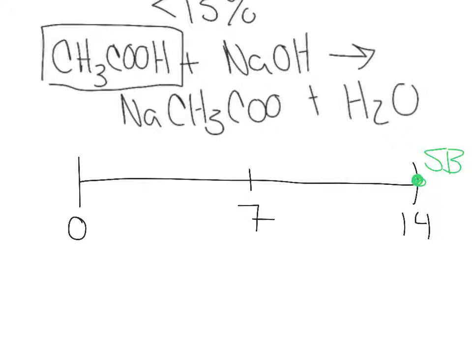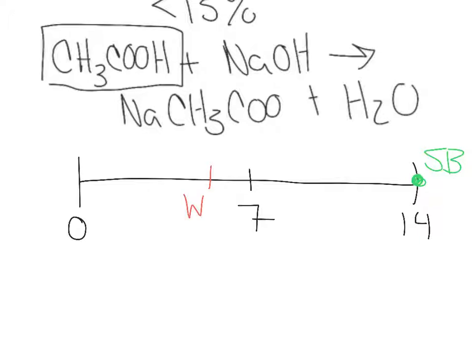That weak acid already gives up fewer hydrogens. Since it's not splitting up into ions, it's not going to have as high of a concentration of hydronium ions. So weak acids end up having a lower concentration of hydronium ions, therefore a higher pH.